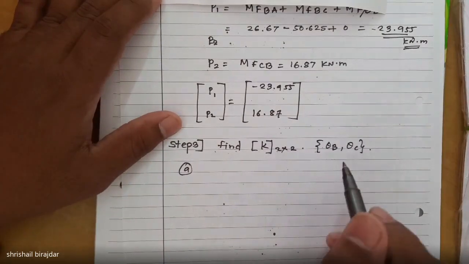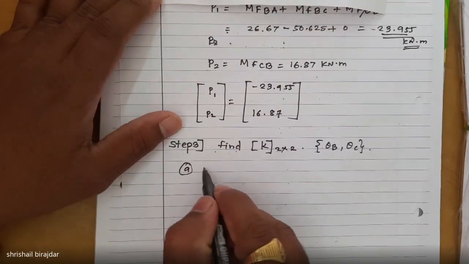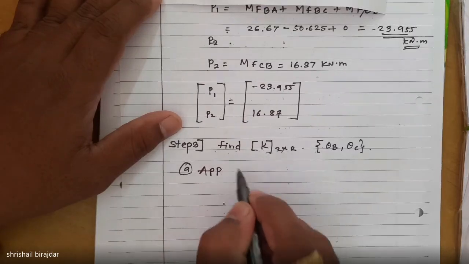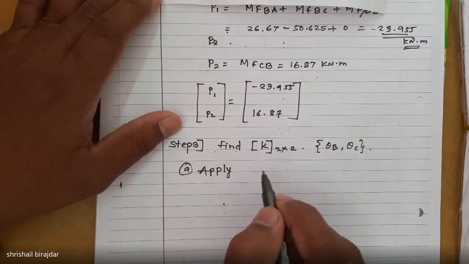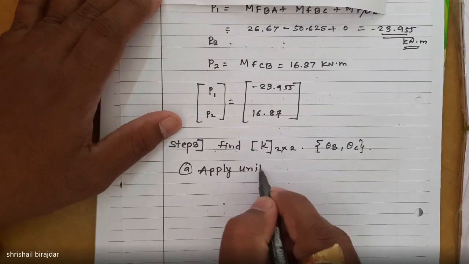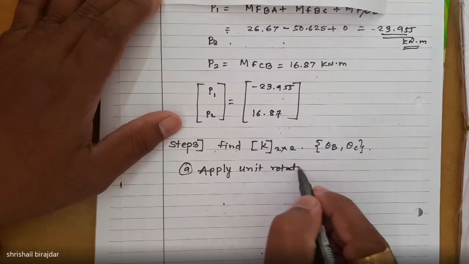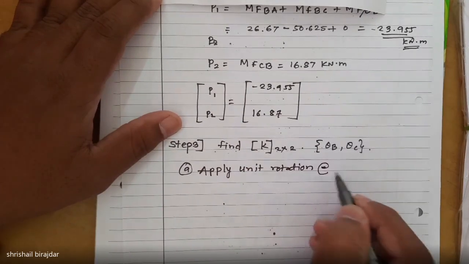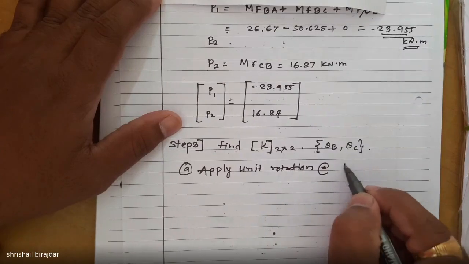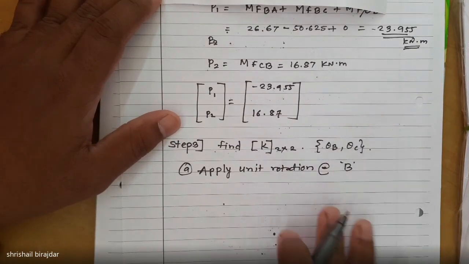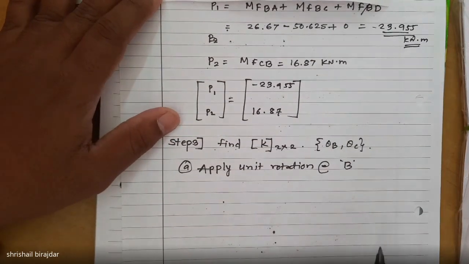We can find it out. Okay. For finding out the coefficients of the matrix, apply unit rotation at B. First you have to apply the unit rotation at B.